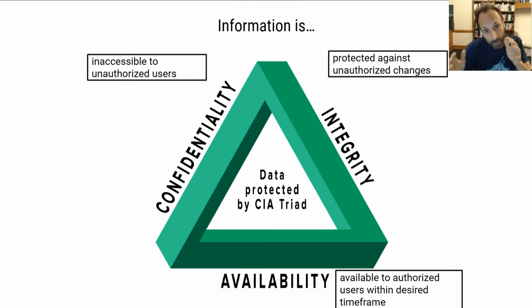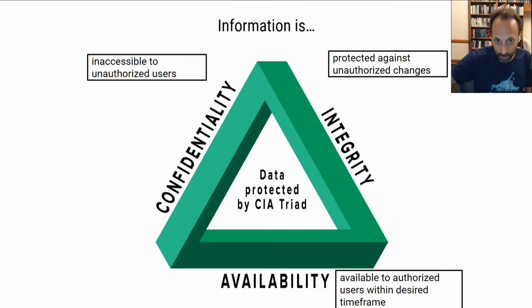That would be the integrity dimension of information security. And then finally, there's availability, which is that you want to access your information. It's secure to the extent that you can access it, and other people cannot if they're unauthorized. Now there are several interesting things about the CIA triad which I want to mention.